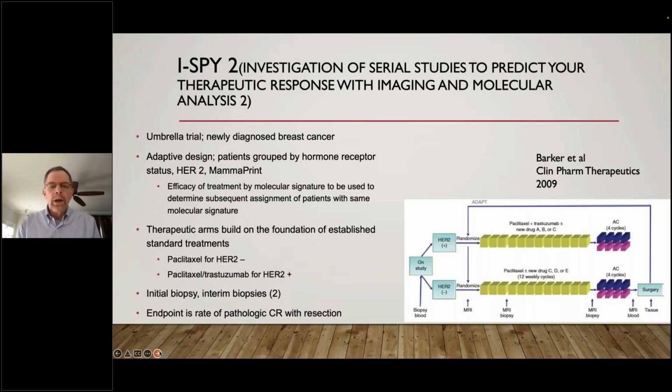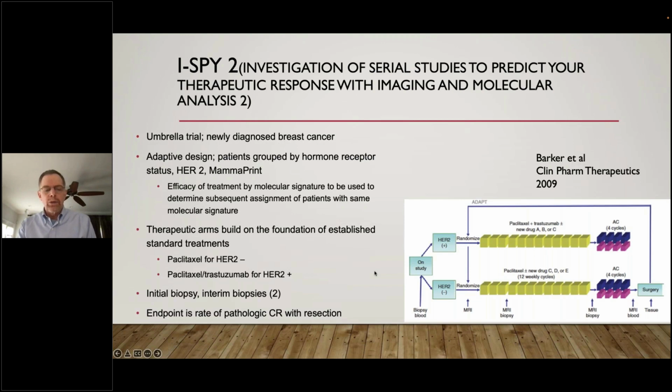So starting first with the I-SPY2, which was in patients with newly diagnosed breast cancer, it used an adaptive design. Patients were grouped by hormone receptor, and they wanted to see whether they could target the molecular signature. Of course, they had to stratify by the presence or absence of HER2 expression.